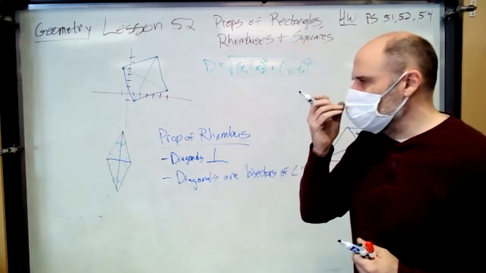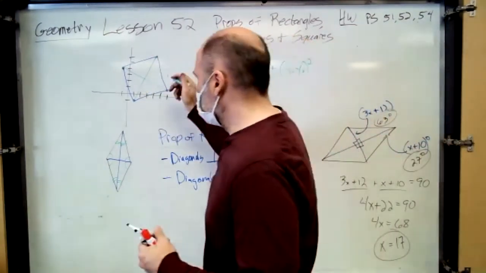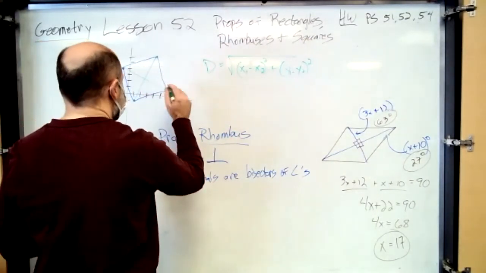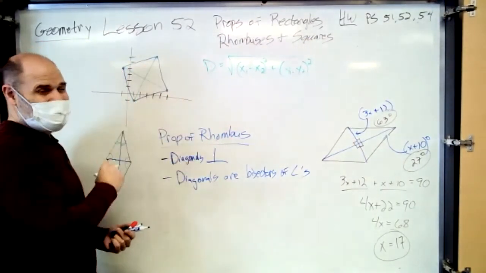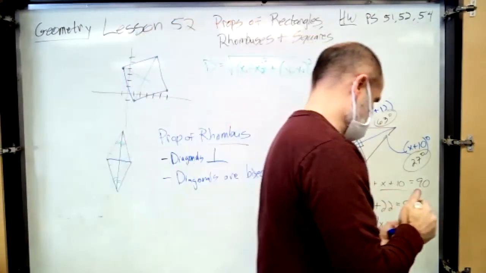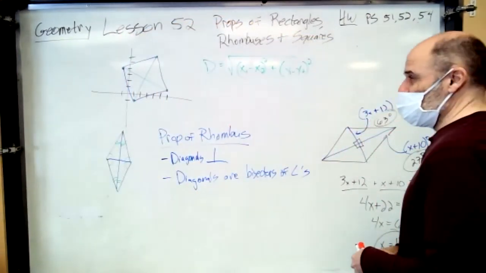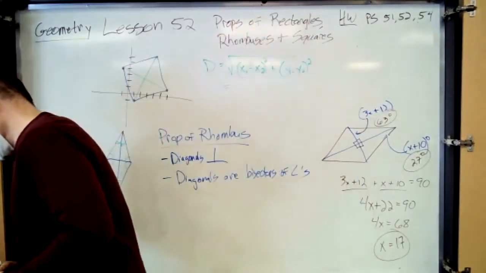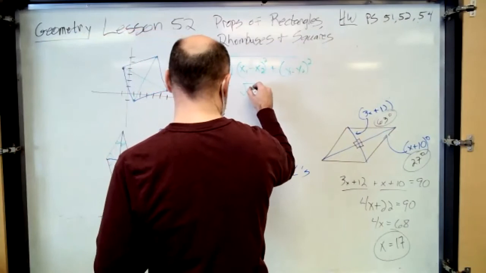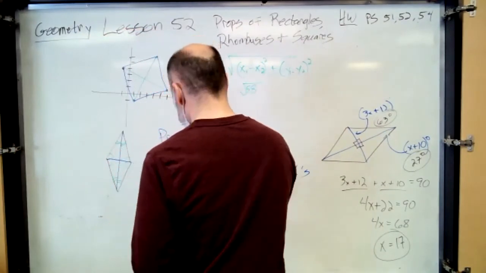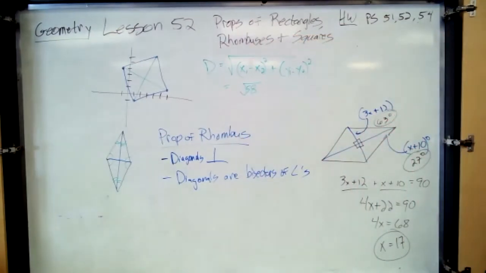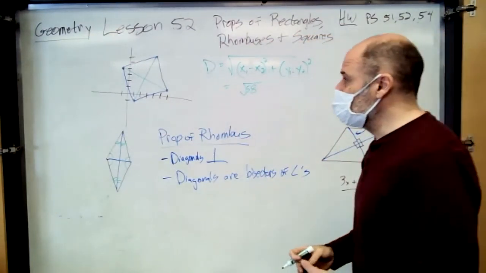You can do it that way, or you could just count and use the Pythagorean theorem. So you could draw a right triangle across like that, but that gets confusing with that square already drawn. Use the distance formula for both of those, and you get the square root of 58 for both of those lines. It's an ugly number, but that means the diagonals are congruent.